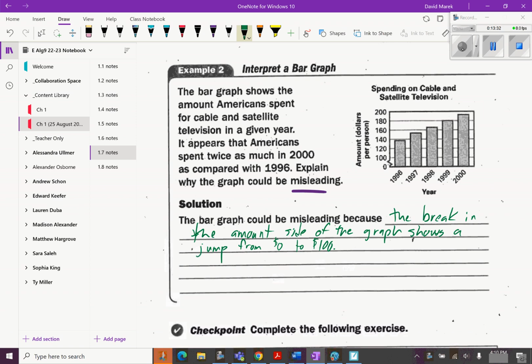Anytime that there's this break in the data, so that we can zoom in a little bit and take a closer look at the differences between them, we should never compare proportions in this case.